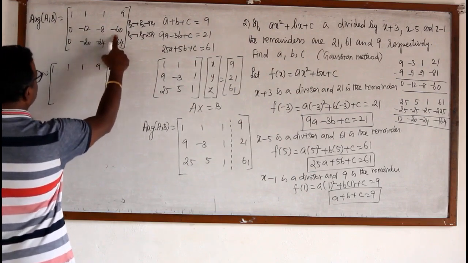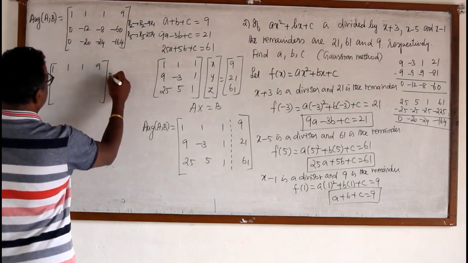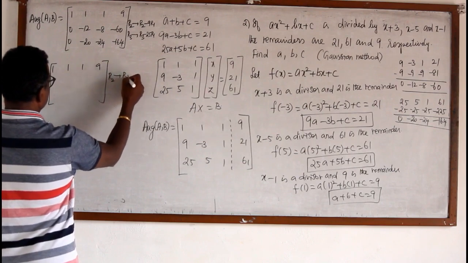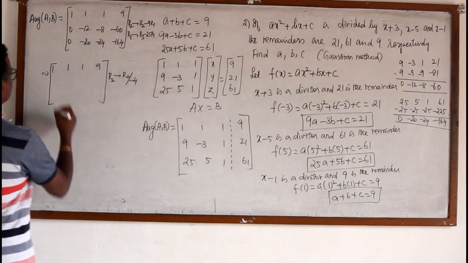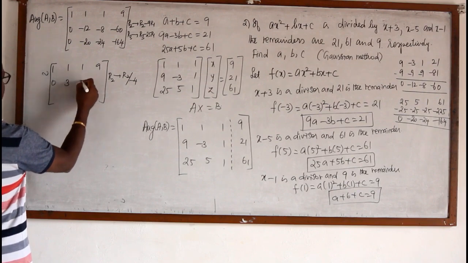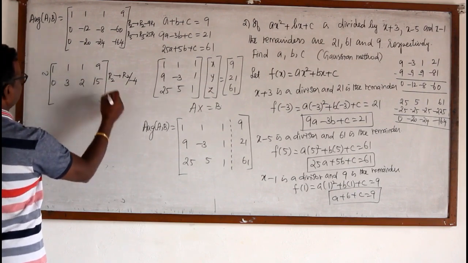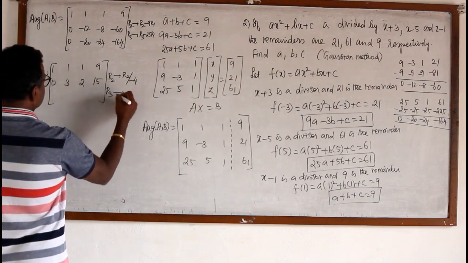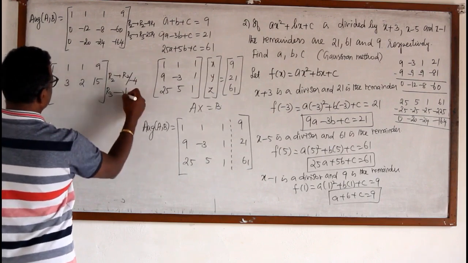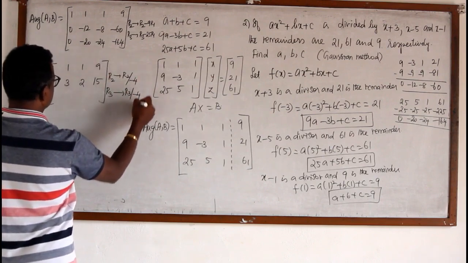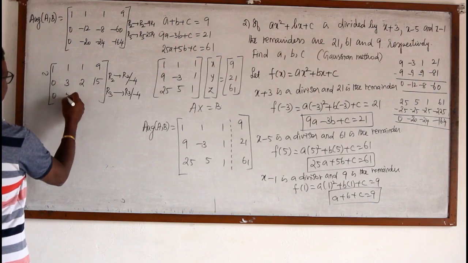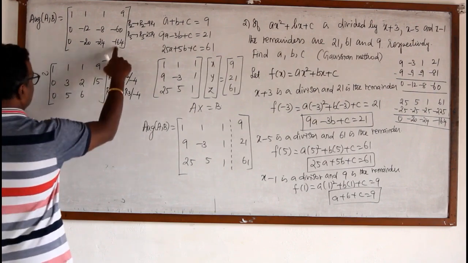I can divide by 4. R2 is written as R2 by minus 4, so that it becomes 0, plus 3, plus 2, plus 15. R3 also can be divided by minus 4. It is 0, 5, 6.